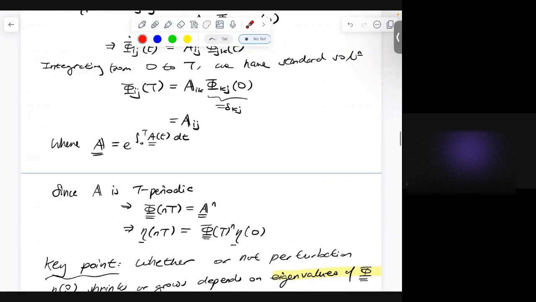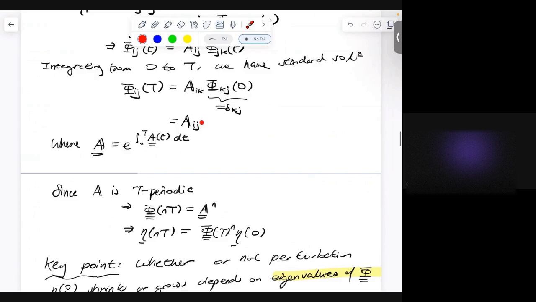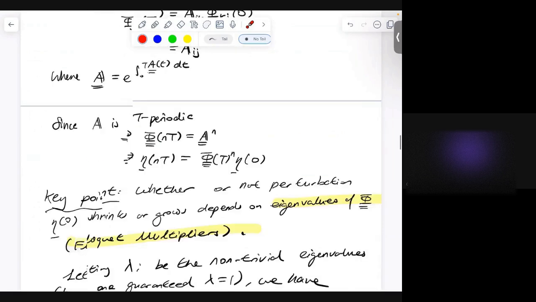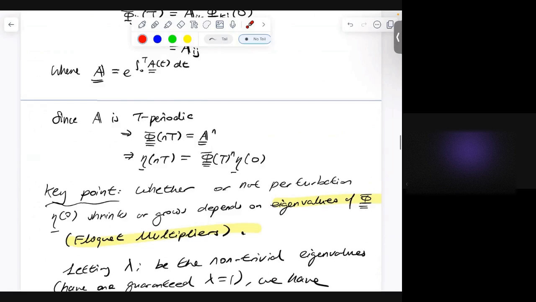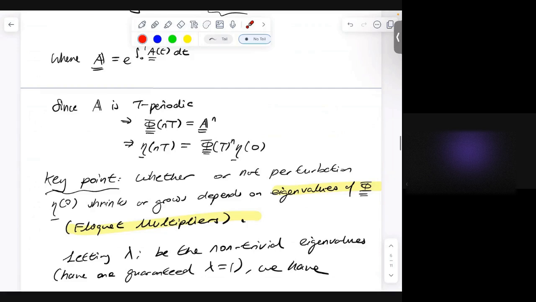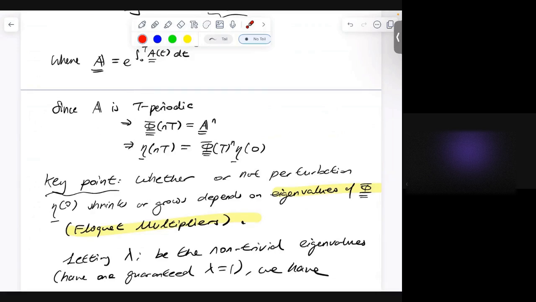The standard solution includes the definition of script A, or fancy A, being this. And because the PO was T periodic, and that carries through the calculations, you find that A is also T periodic.